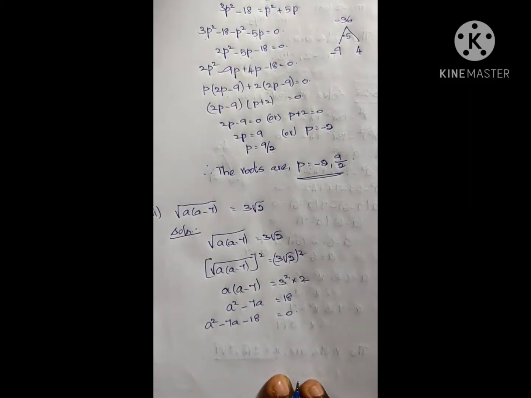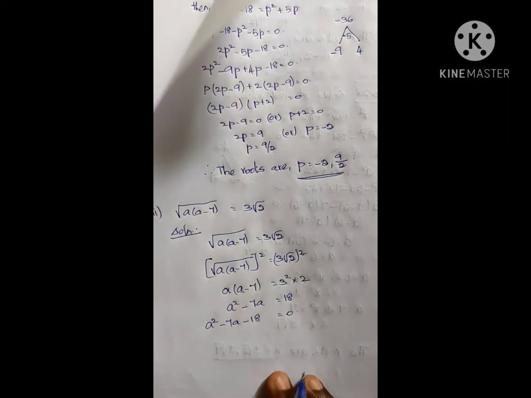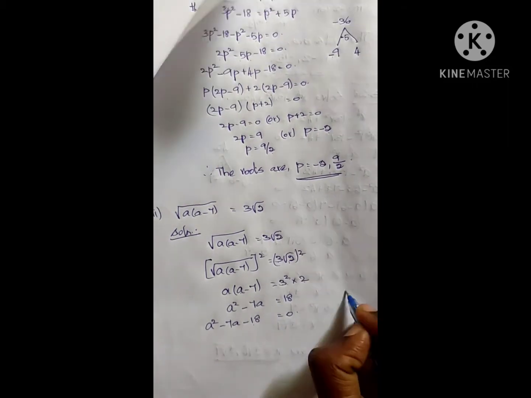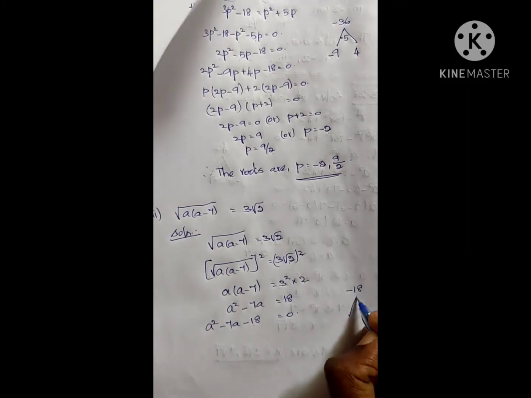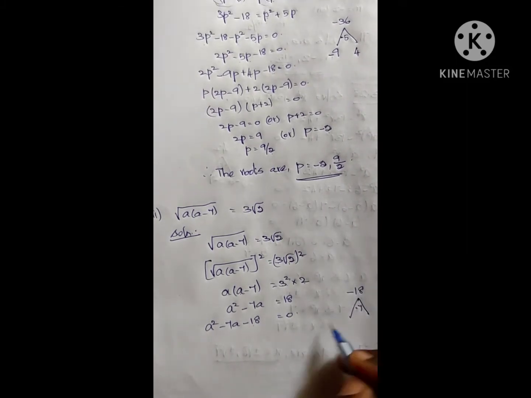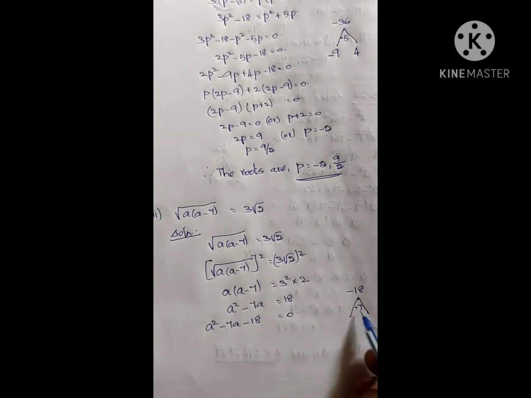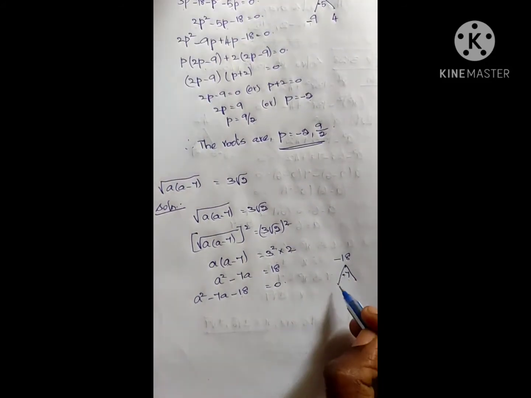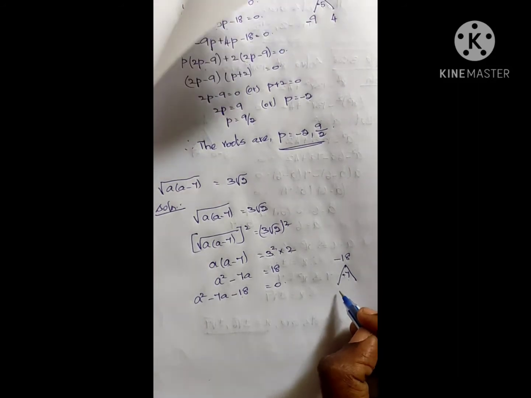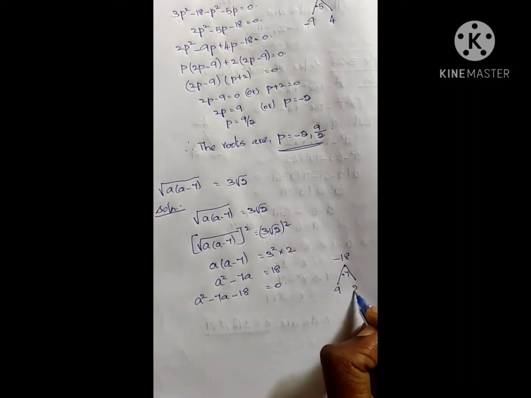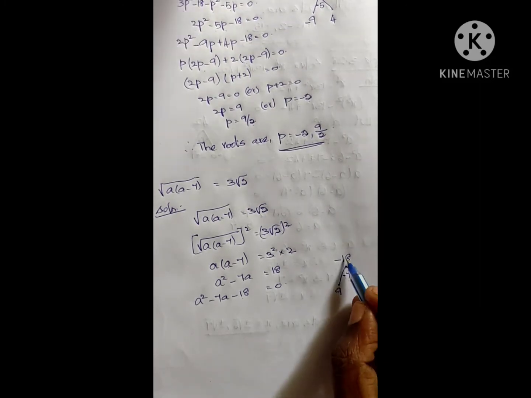Now we have to factorize this. So here the product is minus 18 and the sum is minus 7. What will be the numbers? We will take 9 and 2, 9 2s are 18.